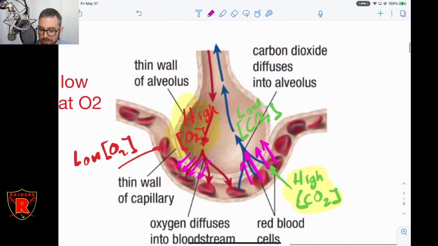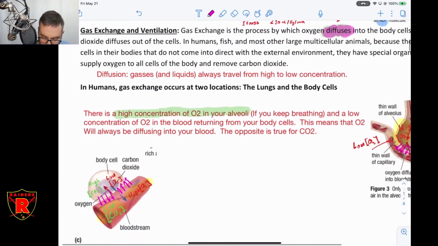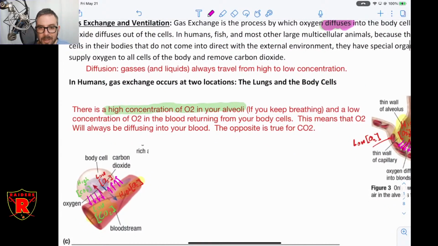And that is how you are getting the gases into your blood, oxygen in, and CO2 out. So that's just what I have written here. There's a high concentration of O2 in your alveoli, if you keep breathing, and a low concentration of O2 in your blood returning from your cells, and that means that O2 will always diffuse into your blood, and then it's just the opposite for CO2.